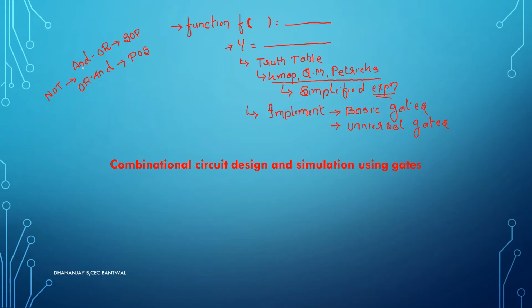Once you get a circuit made up of an AND-OR combination or OR-AND combination, it is possible for you to reduce this circuit to a combination made up of only NAND gates. You can rig up a circuit made up of only NAND combination, or you can also rig up a circuit using NOR combination.